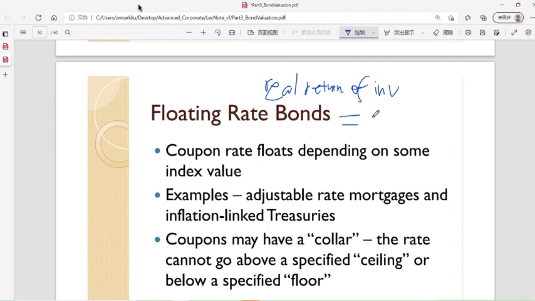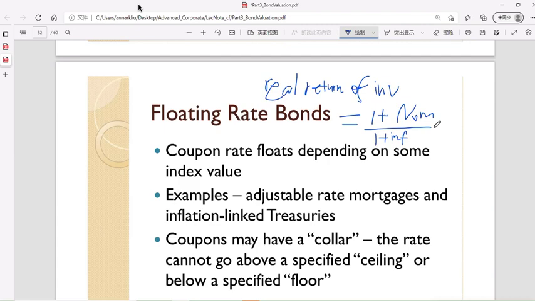Would it be 1 plus your nominal, right? And 1 plus inflation, right? So the real return of investment is your nominal rate divided by your inflation.